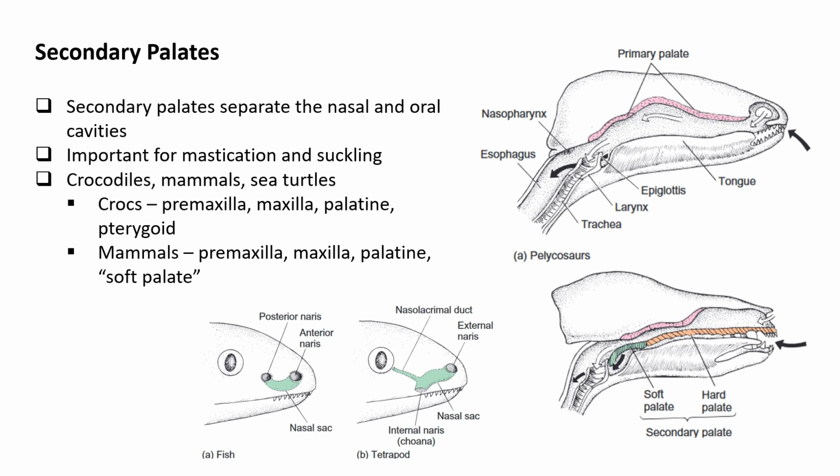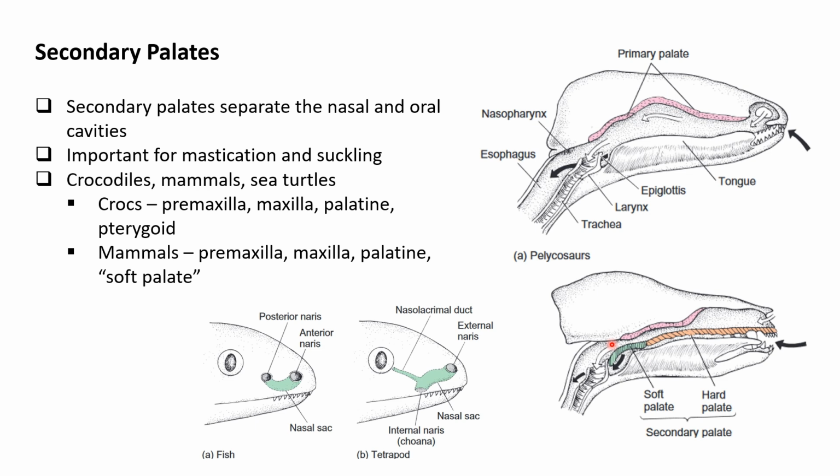In mammals, the secondary palate is composed of the premaxilla, maxilla, and palatine bones, which form the hard palate, that bony portion of the palate. And this is continued more posteriorly by the fleshy portion called the soft palate. Again, the internal nares, by the formation of the secondary palate, are moved more posteriorly than their original position.